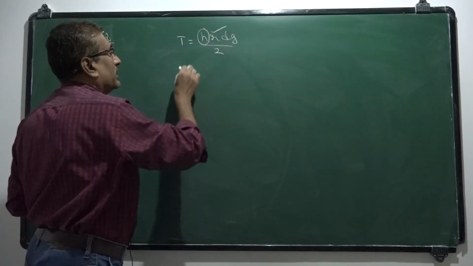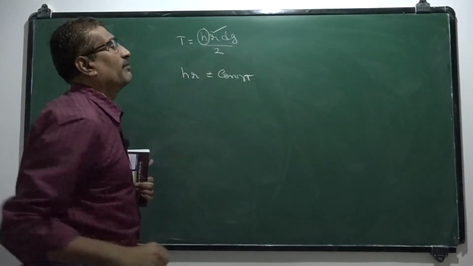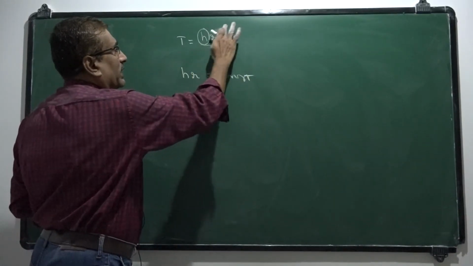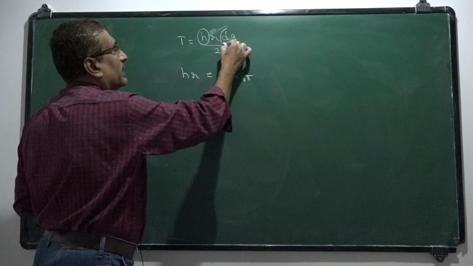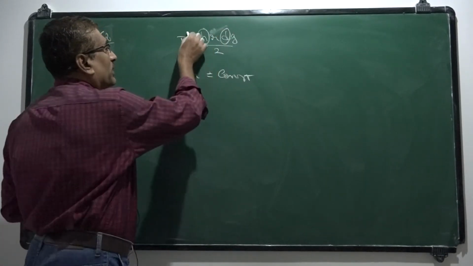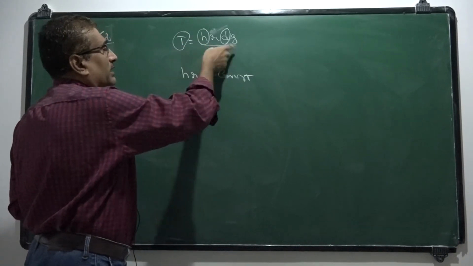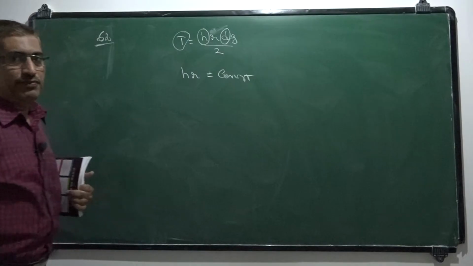So, in that case we have to take h r is equal to constant. Suppose we take the same radius, but we change the liquid, the density of the liquid, then automatically the surface tension also changes. In that case, we have to change.